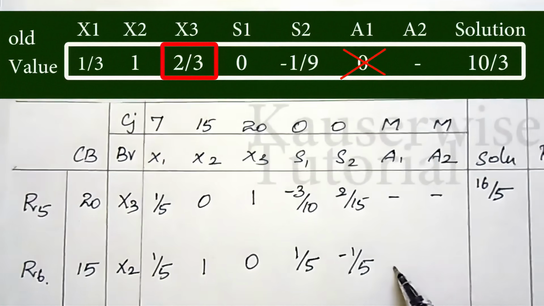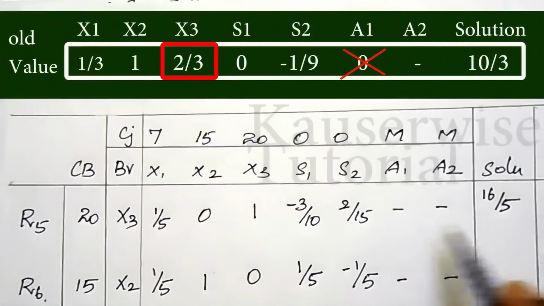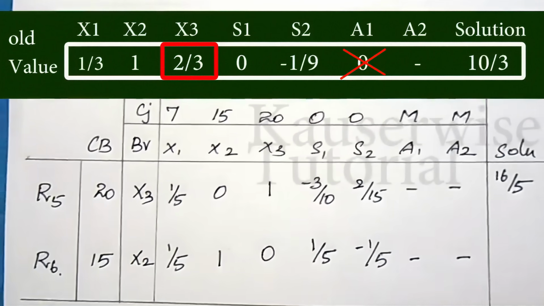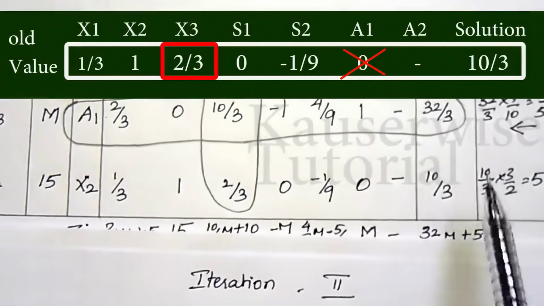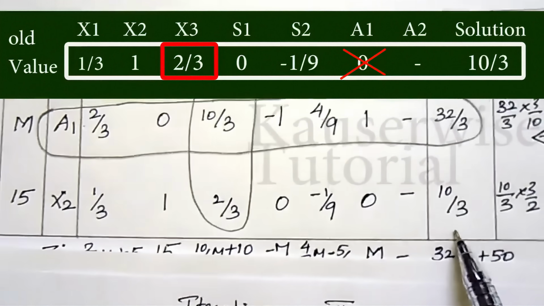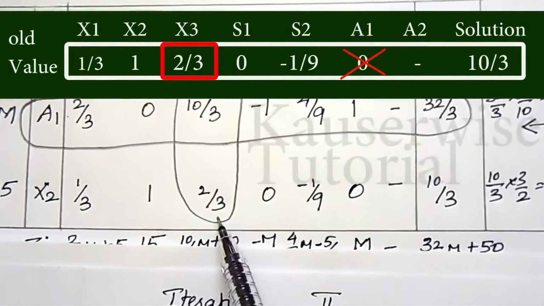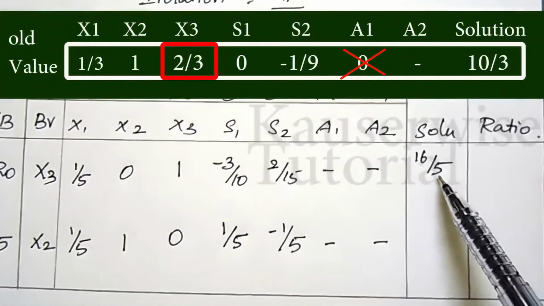Okay, for A1 and A2 we need not calculate, because these two variables have left. For A1 and A2 put a dash. For the solution, old value is 10 by 3 minus column value 2 by 3 into row 5 value 16 by 5.